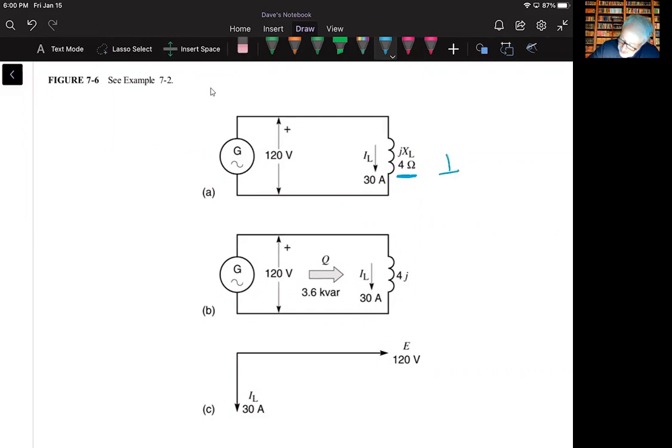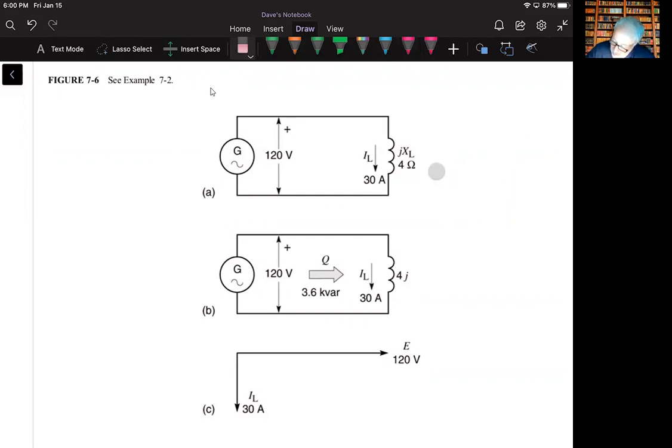And current is equal to voltage divided by resistance, but it's not resistance anymore, right? It's an impedance, Z. And so that value happens to be the voltage divided by 4. Let me put some numbers in here.